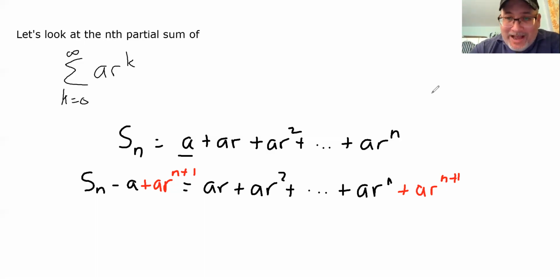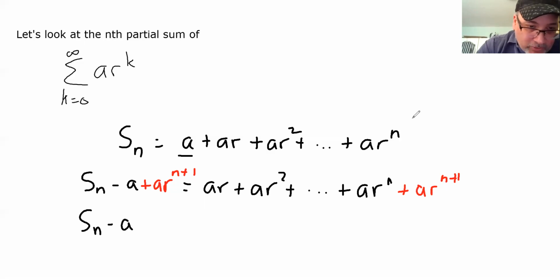Now, if you look at the right side, you'll notice that there's a common factor that we can factor out. All of these terms on the right side have an a and an r. Some of them have more than one r, but not all of them. So I can factor out both an a and an r from the right side, but I'm not going to quite factor out all of that.